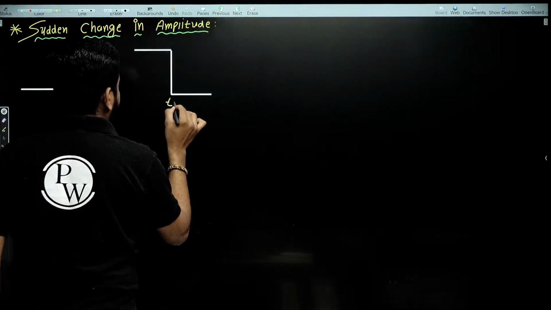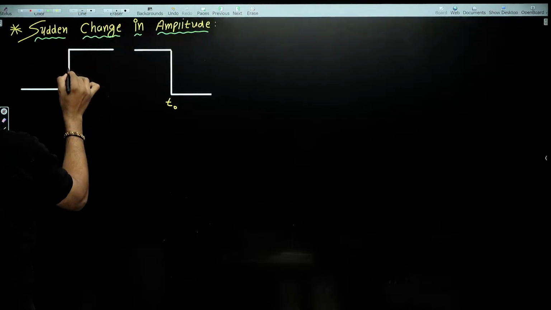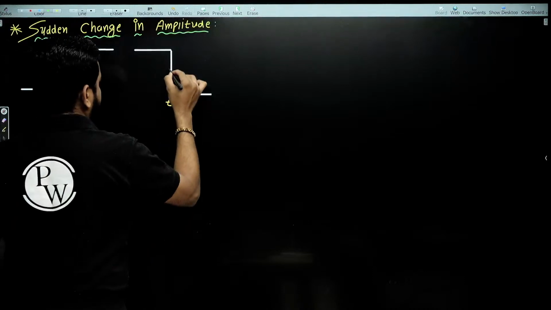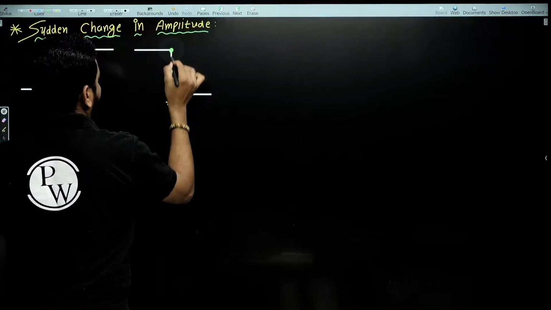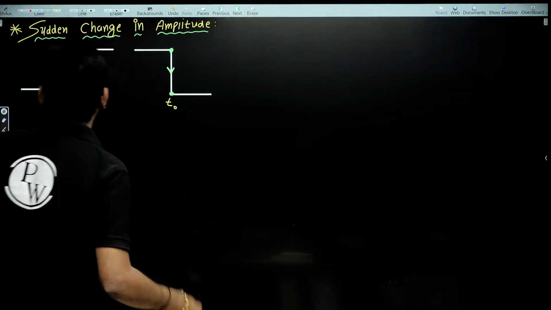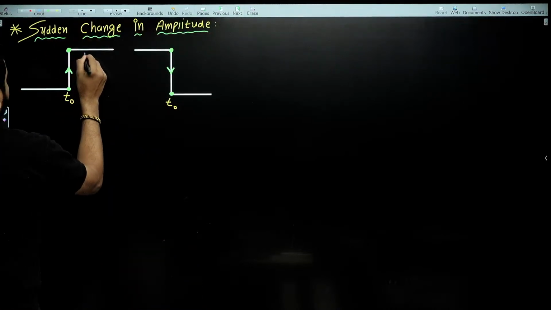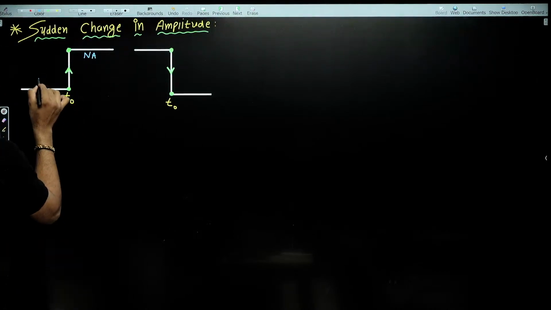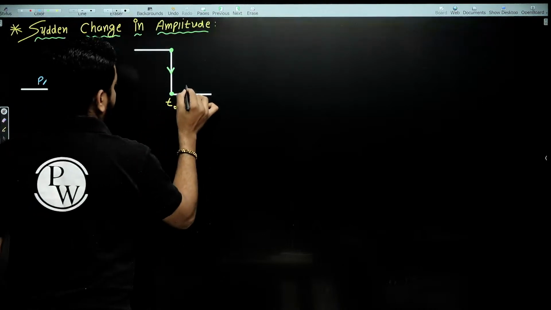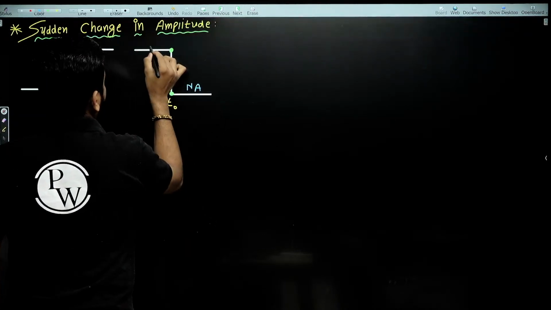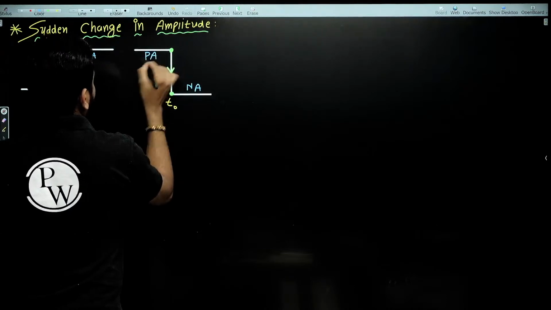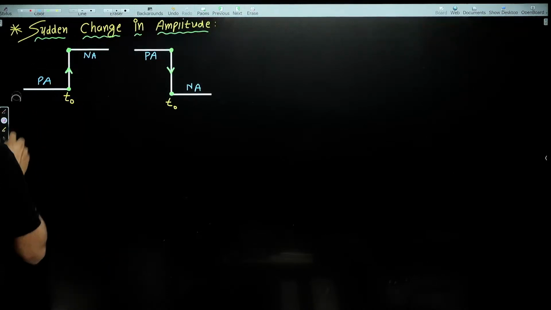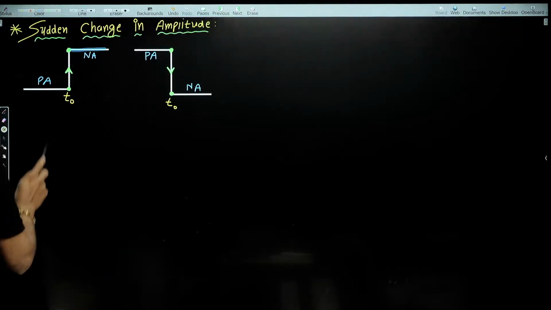Here also there is a sudden change in amplitude from here to here. So this is your next amplitude, the amplitude next to T naught, and this is your previous amplitude.